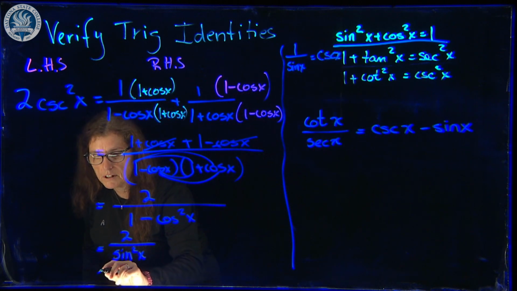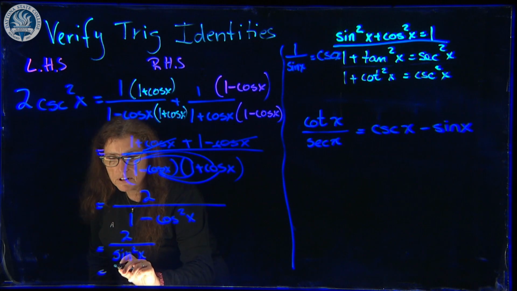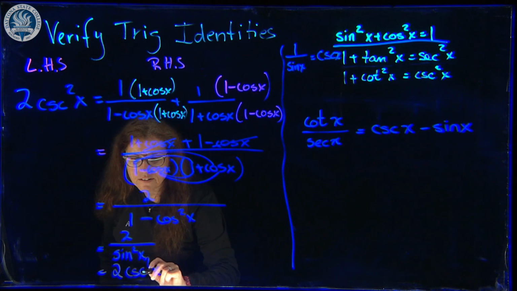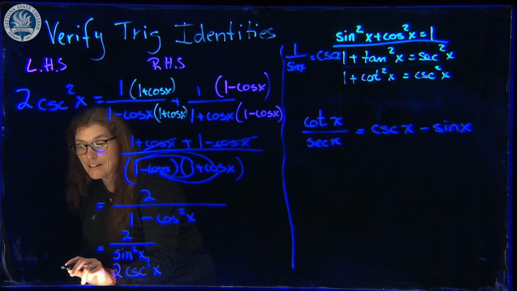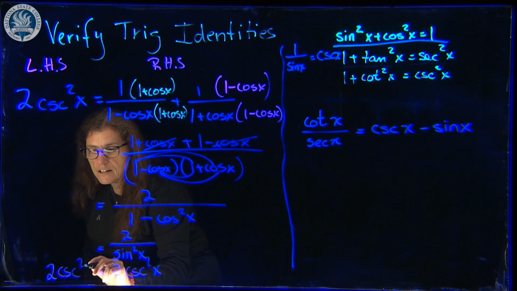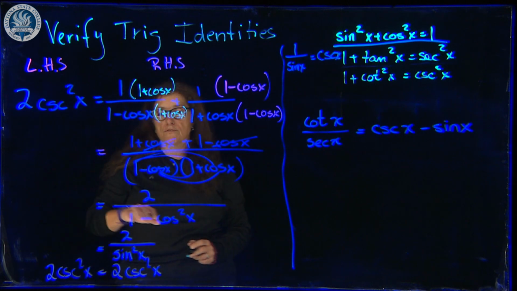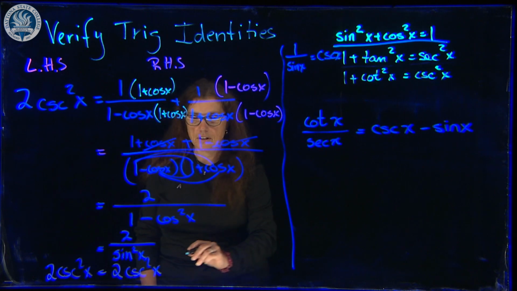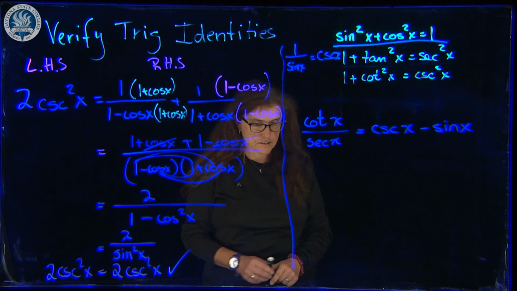So here we go, we're almost done. So we rewrite that into 2 cosecant squared x, and guess what? The left-hand side is now equal to the right-hand side, and I have just verified my first trig identity. Beautiful. Check mark. Here you go. Let's go to the next one.